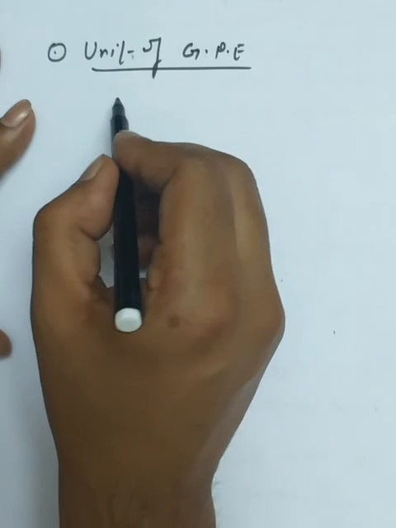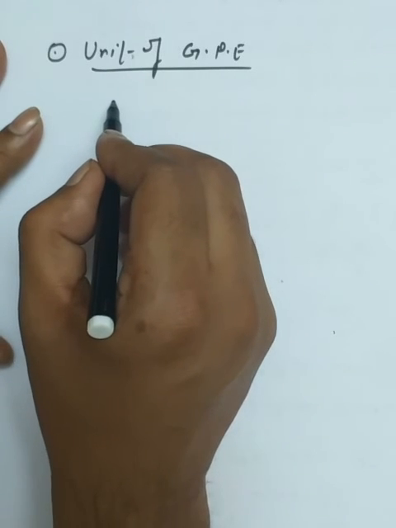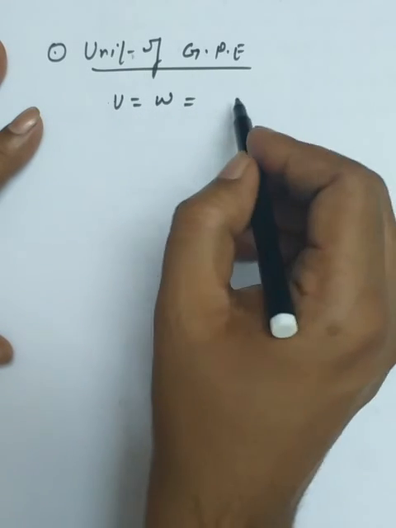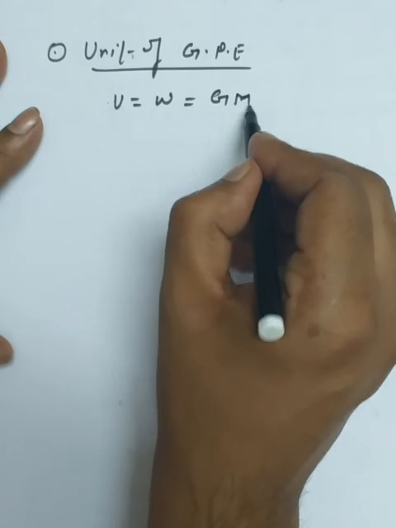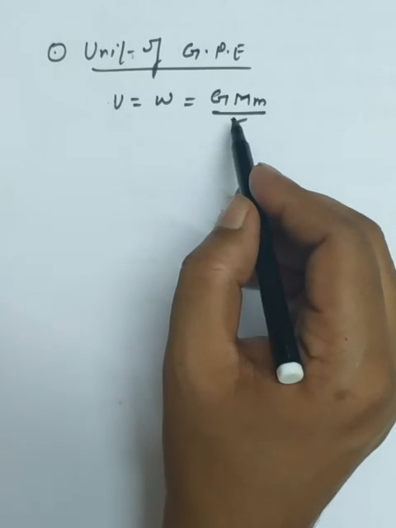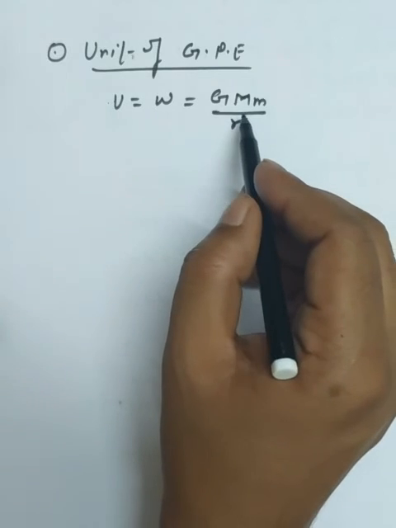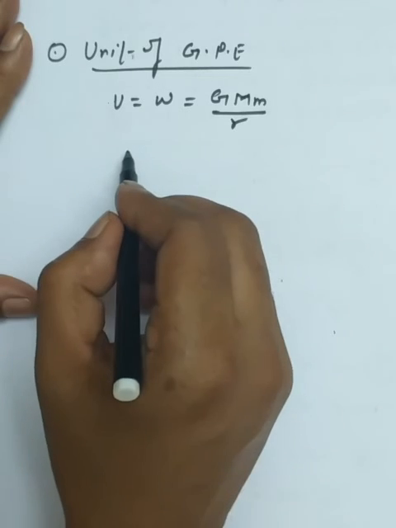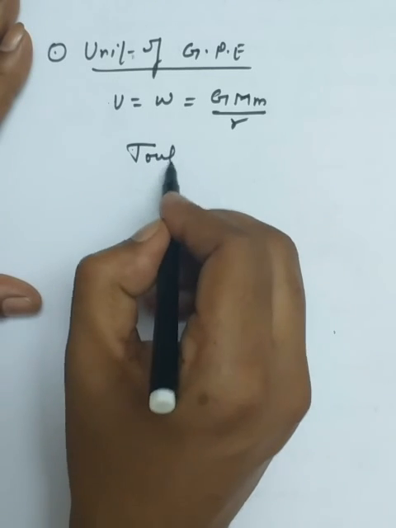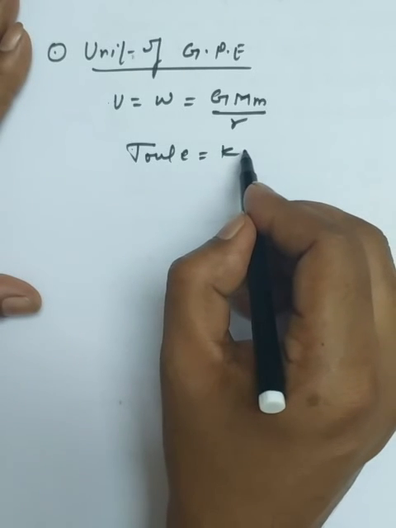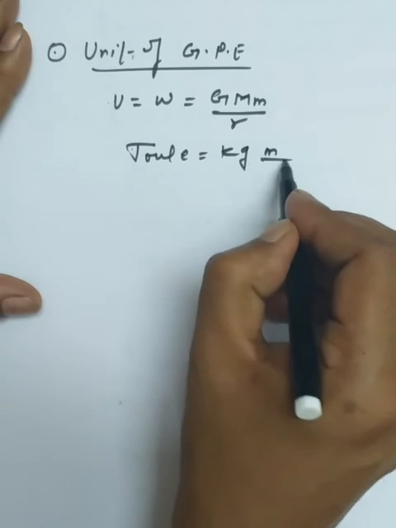Now the unit of the gravitational potential energy. We are assuming that U, or the work done from one place to another, is given by capital G capital M small m upon R. Here I am taking the standard notation inside the gravitational field of the earth. The final unit we have is the joule. Joule can be expressed as newton meter, where newton is kilogram meter per second square.